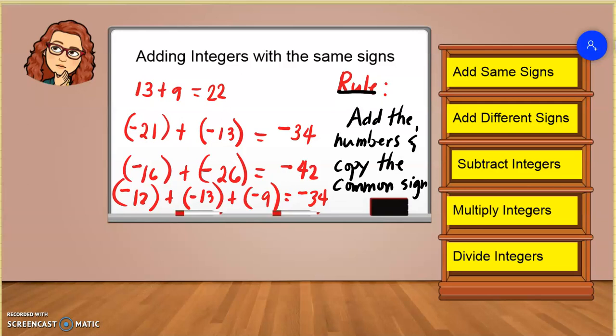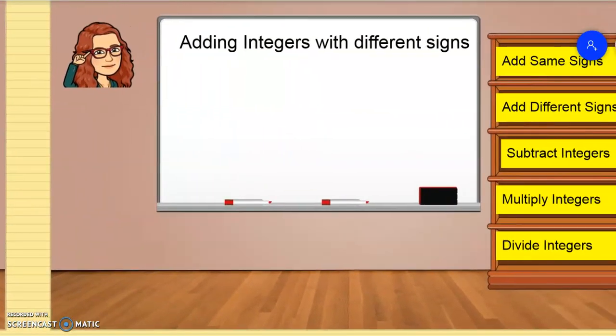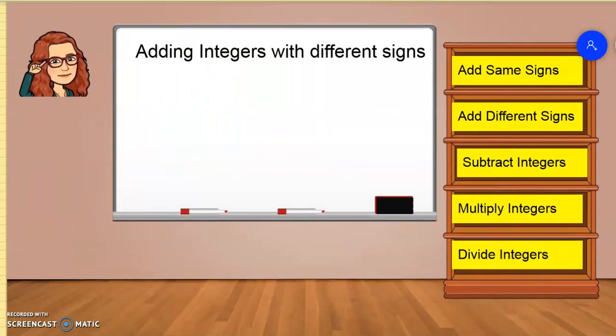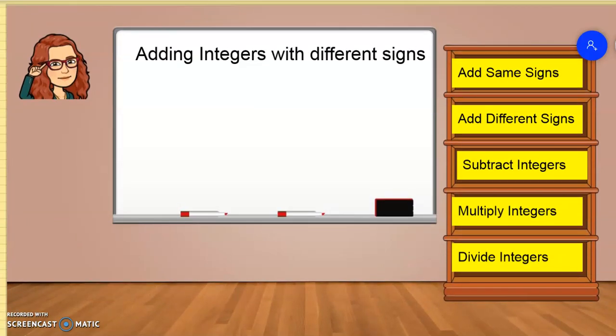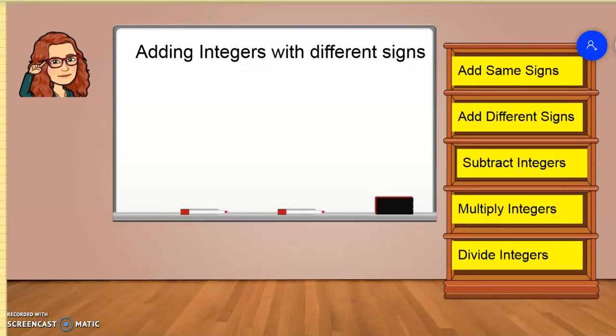Okay, cool. Now, we can proceed to adding integers with different signs. Do you think the rule in addition of integers with same signs will apply to adding integers with different signs? Okay, let's have some examples then.